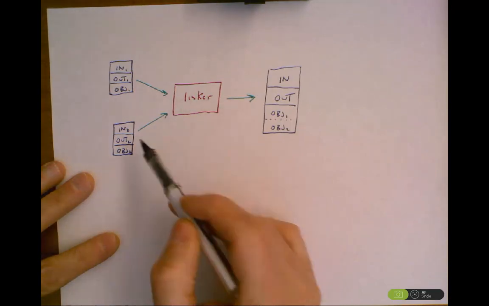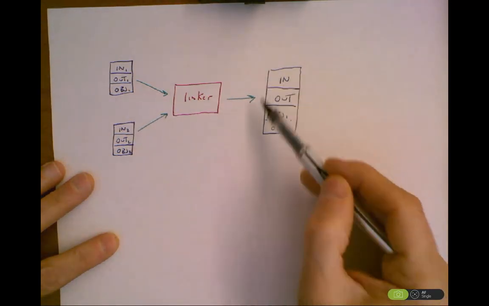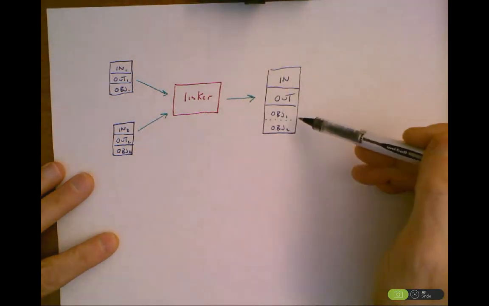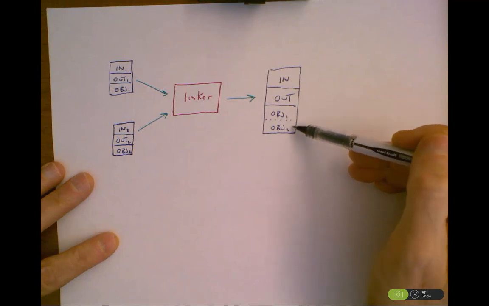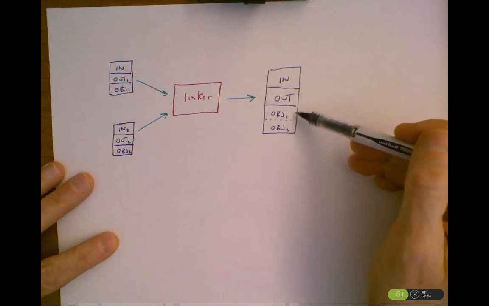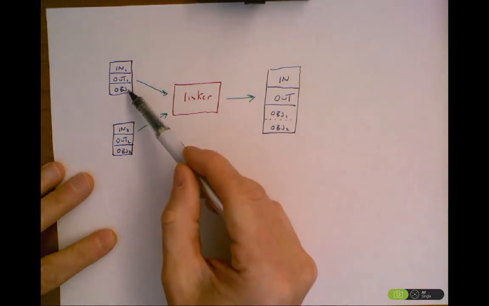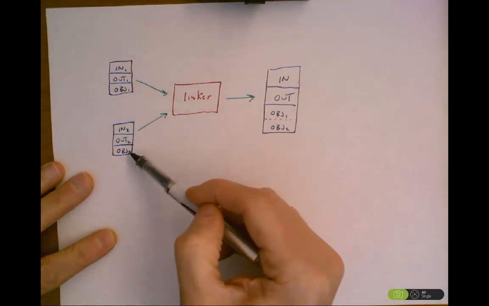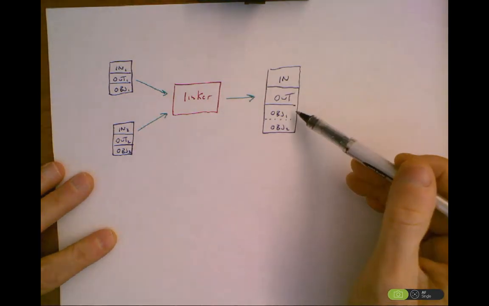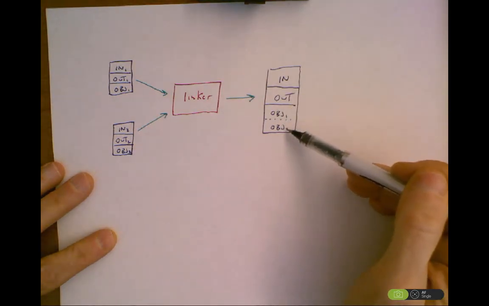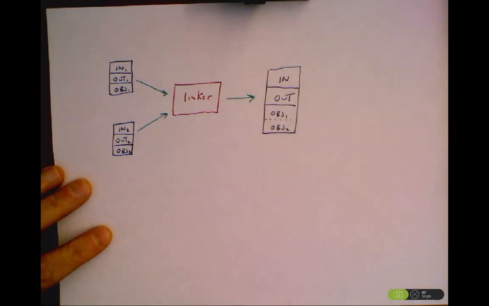And what the linker wants to do is combine those two files together into one output file, where the main thing is that the object code is concatenated together, right? This file has the code for both portions of the program. Again, this might be a user program that's using printf, and this might be the code for printf. So in the final program, we want both the user code and the implementation of the functions the user code is using that are being pulled out of a library or somewhere.